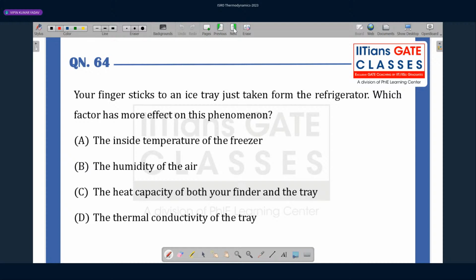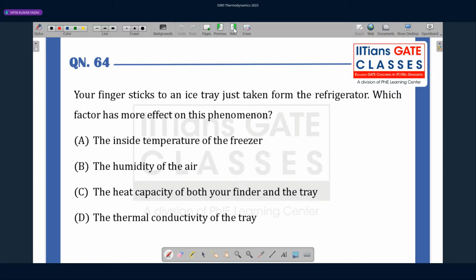Just try to guess what could be the right answer quickly. What do you think works? Which property, which factor works when you take out that tray?